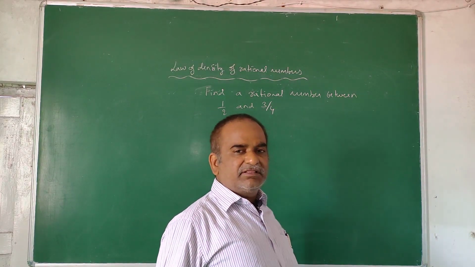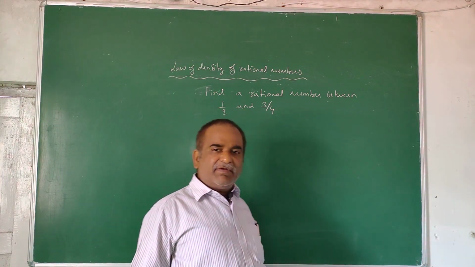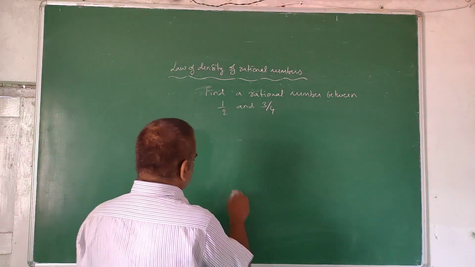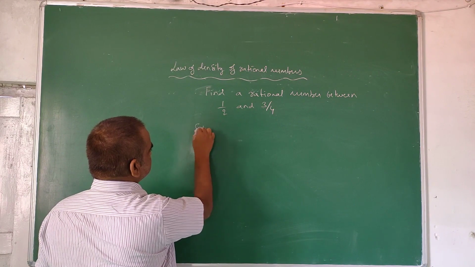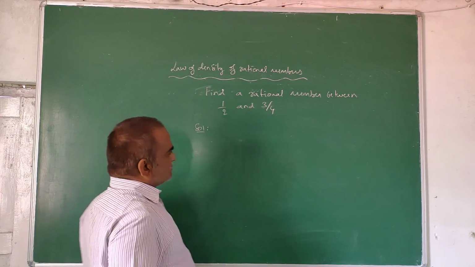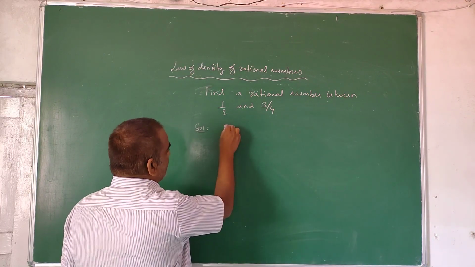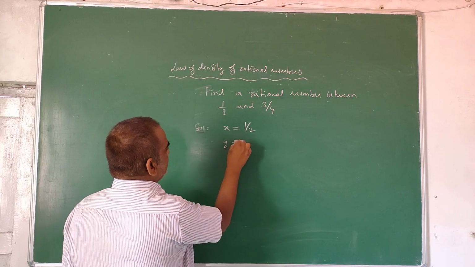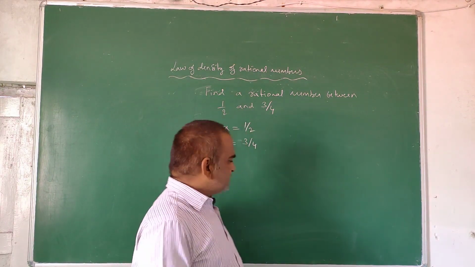1 by 2 is smaller than 3 by 4, right? So let us consider x equal to 1 by 2 and y equal to 3 by 4, where x is less than y.